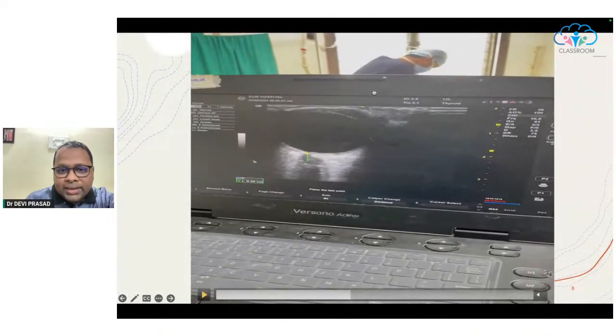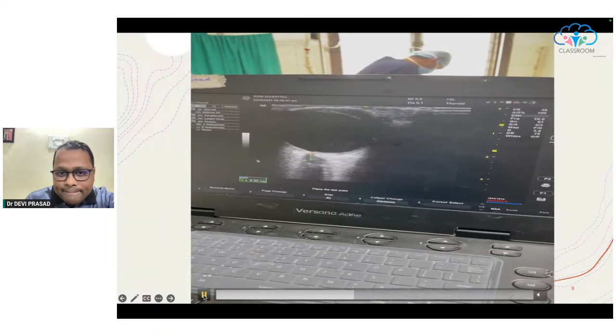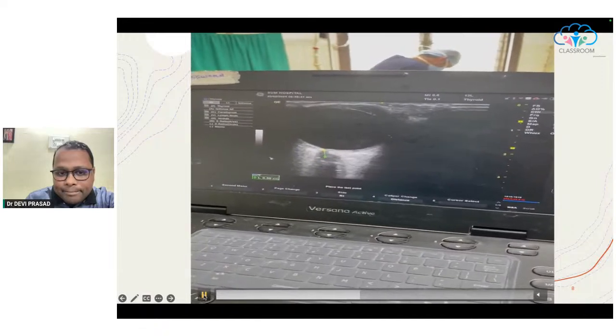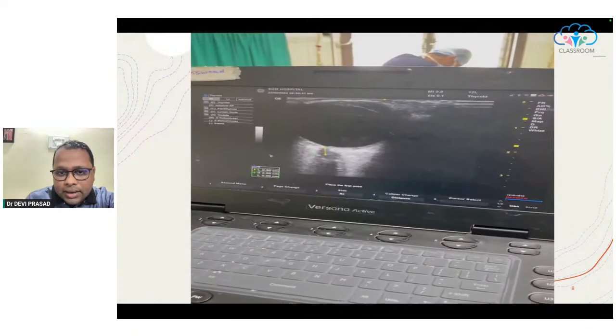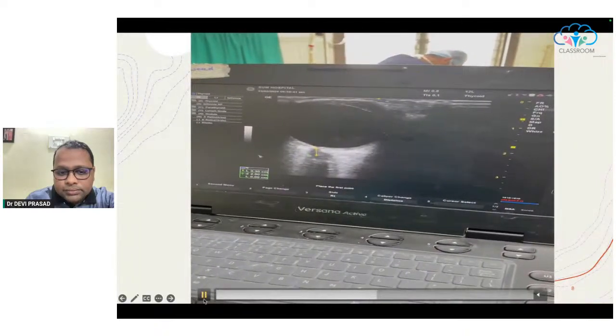So what we are doing is we have kept a pointer at the lamina cribrosa, and we have dropped a perpendicular, and the length is 0.3 centimeter, which is equivalent to 3 millimeters. And from this point, we drop another line perpendicular to this line to intersect at these 2 points. So I'm taking a second point.